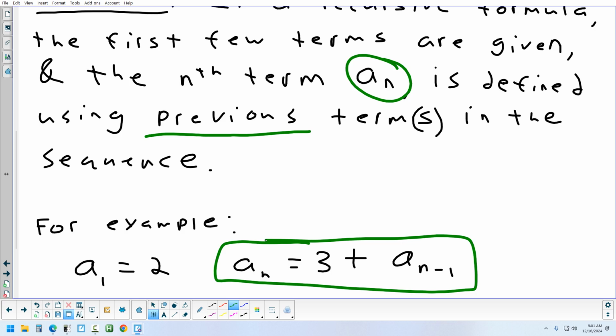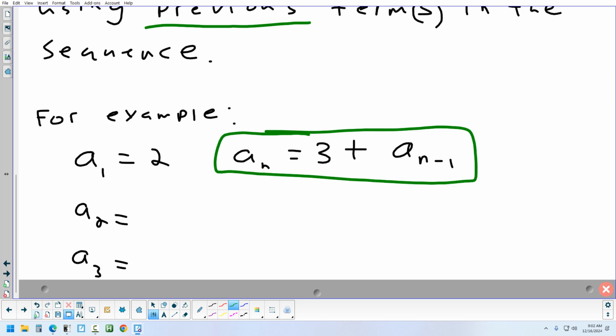And because it's recursive, I have to give you a starting point. If you don't have a starting point, then you don't have anything to build off of. So here's your starting point. The first term is 2. How do we know that? Given. It's what I give you. So based on our definition, how would you find the second term?